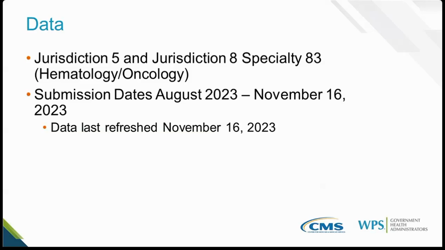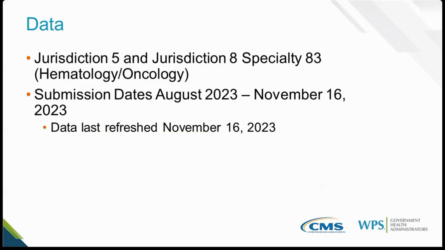There are some situations where a provider may request an appeal and stipulate or show their secondary specialty in order for Medicare to make payment. But typically, our claims are going to process based on the computer logic, looking at that primary specialty, which in this case is 83, which is hematology and oncology.